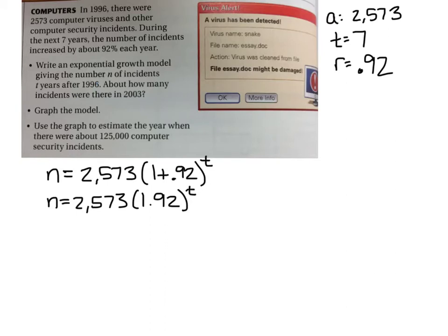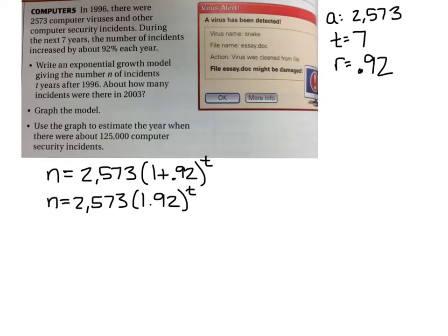All right, so this problem has a percentage increase of 92%, but what's the growth factor? 1.92. Okay, the problem also tells me that t is the number of years after 1996. So about how many incidents were there in 2003?